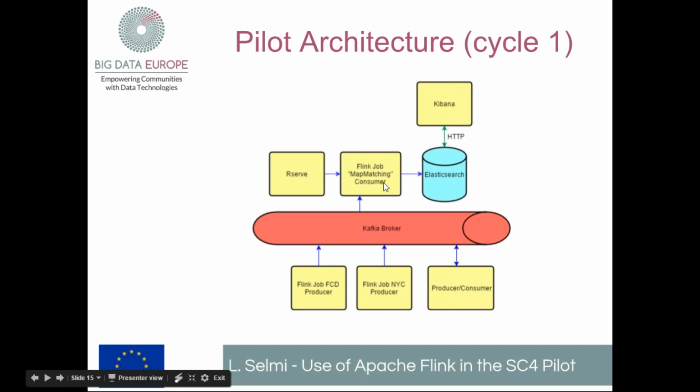Then the consumer, in our case, for cycle 1, is the Flink job. And then we have Elasticsearch and also Kibana, that is the web application that is used to visualize the data that is stored in Elasticsearch. Of course, any other web application can be used to make different visualizations of the data from Elasticsearch.